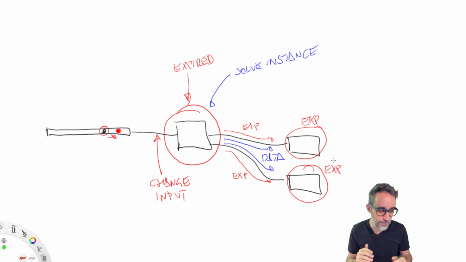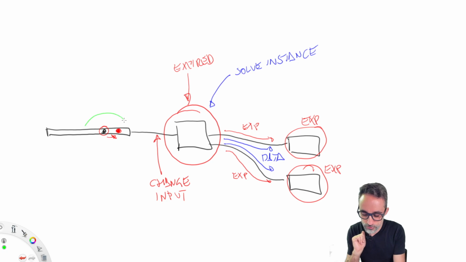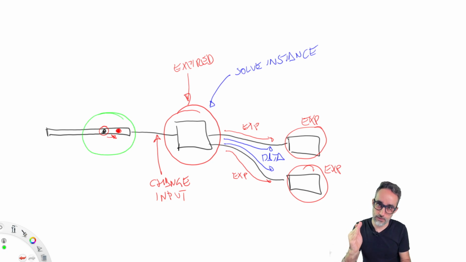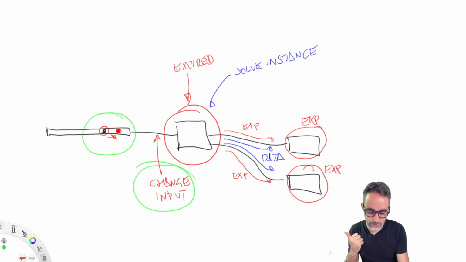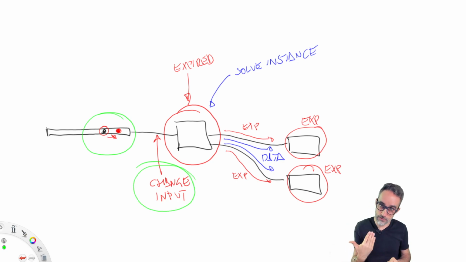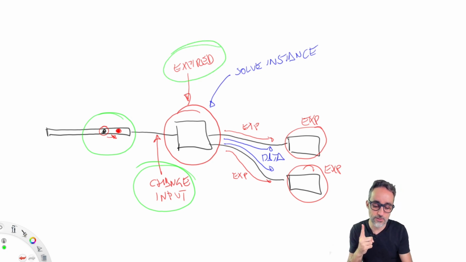So how would this work? I'm going to try to make a good case explaining this. We're going to still accept a change from upstream. We're still going to detect that the input has changed, right? But when that happens, first of all, we don't want to expire this component right away.